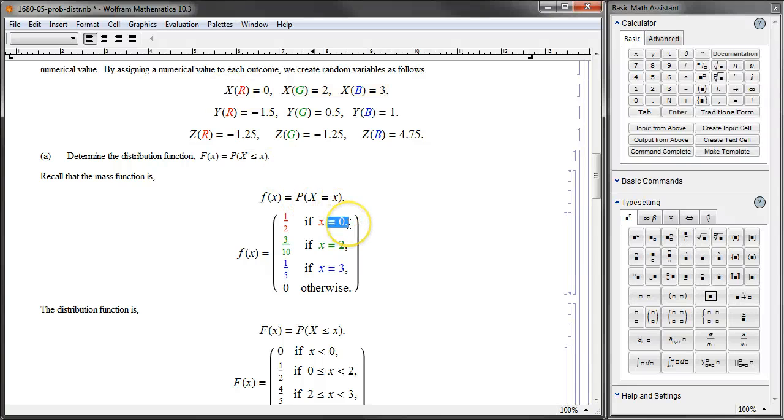When x equal to 0, only this part. Only the red ball kicks in.